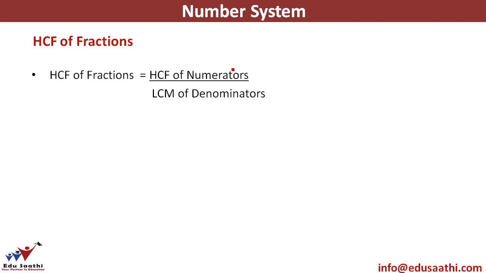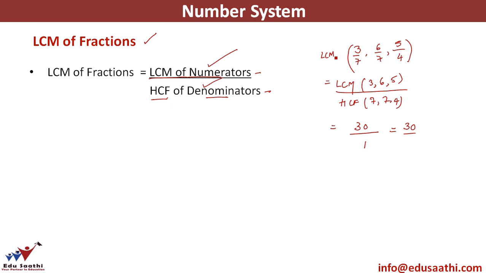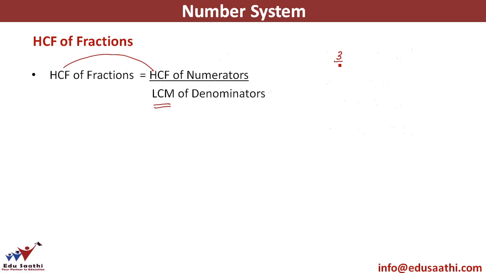Similarly, if you have to find out HCF of fractions, it will be HCF of numerators and LCM of denominators. So if I just look back and take the same values, 3 by 7, 6 by 7 and 5 by 4, now what I have to do is find their HCF.